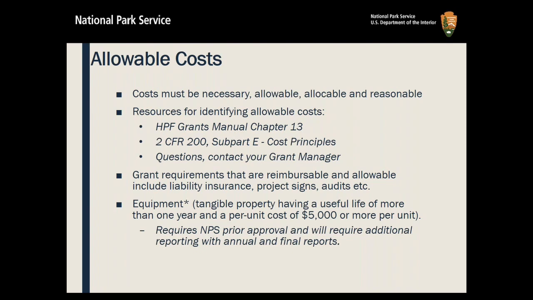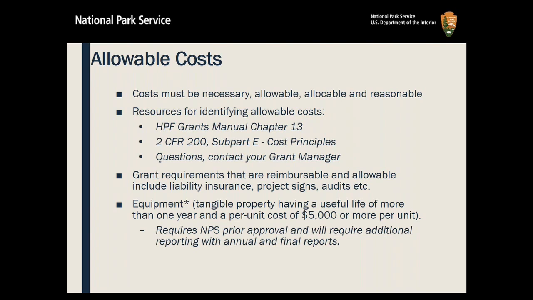Costs have to be allocable, which means if you are charging the cost for something like accounting, where your office has many grant projects and you just want to charge part of what the accounting department does to oversee your grant project, you have to have a way to accurately measure the amount of time that that person is spending on doing work on this grant.